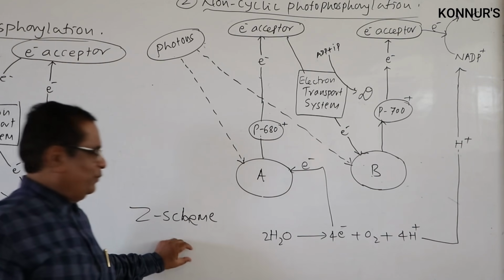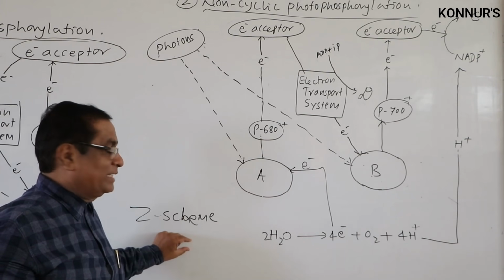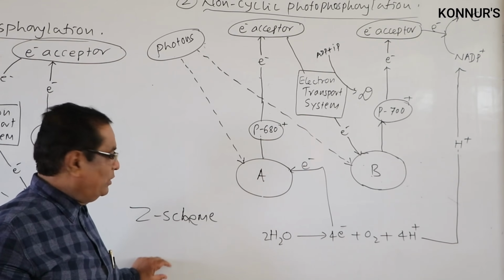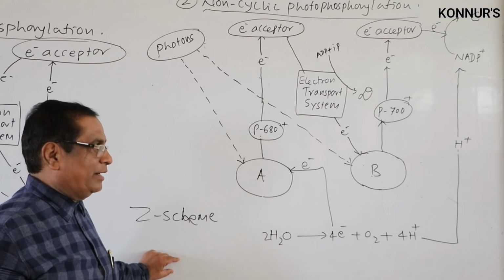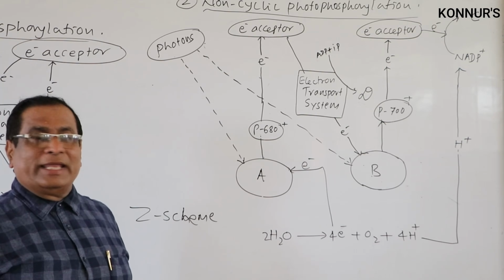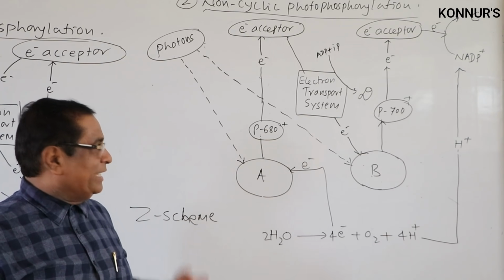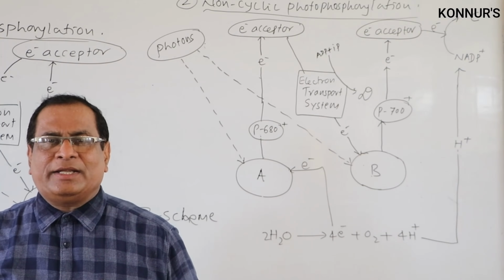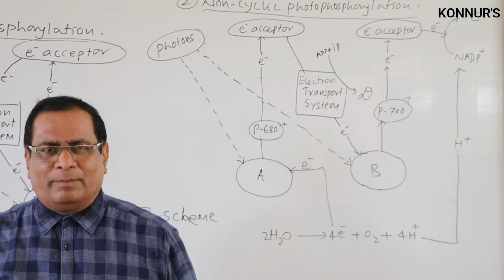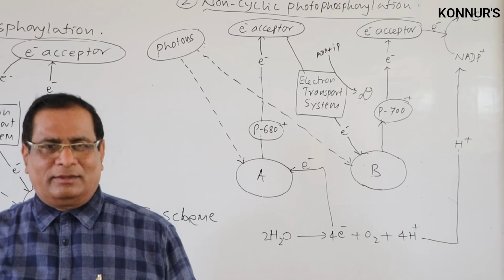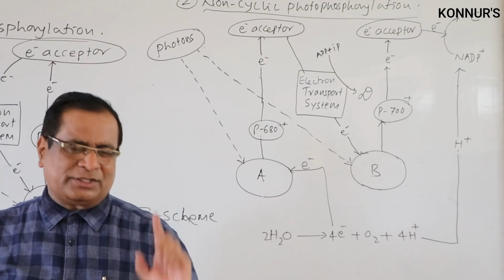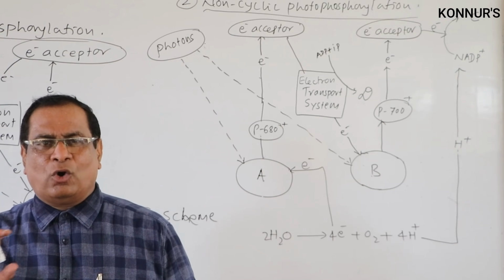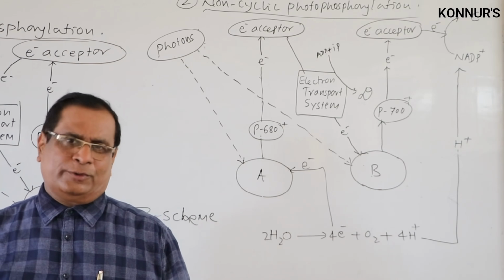A is equal to P680, B is equal to P700, C is equal to NADPH2, and D is equal to ATP. And both the assimilating powers which are formed during non-cyclic photophosphorylation are not formed during cyclic photophosphorylation.